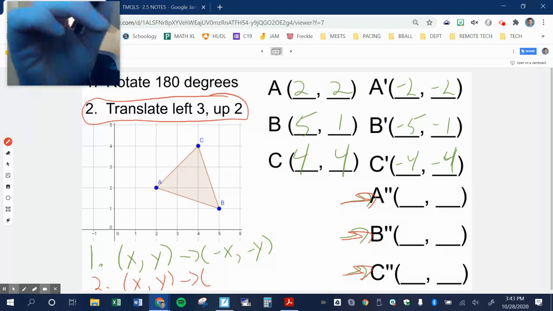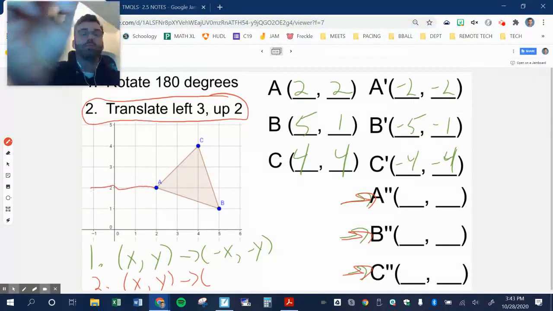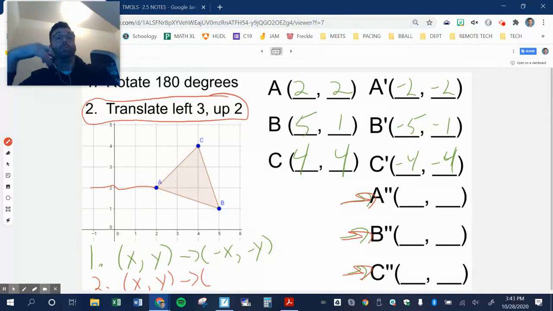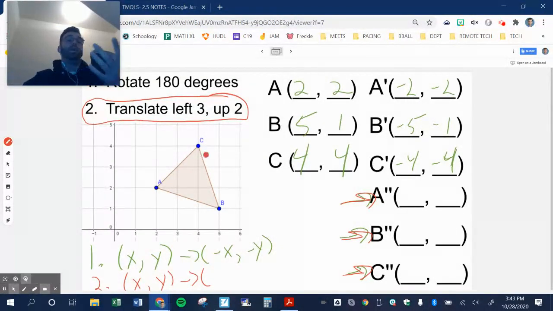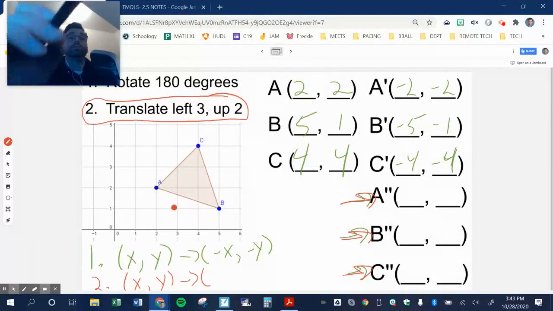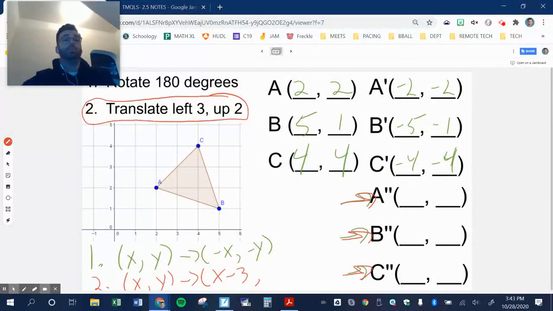If I shift to the left, x is decreasing, which means the operation I'm going to use is subtraction. In a general case, if you had a better graph, you would just shift by counting. Fortunately, we don't, so we have to think about using our operations. So I'm going to take every x value and subtract 3.